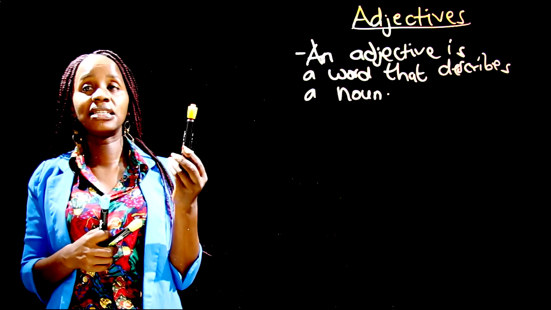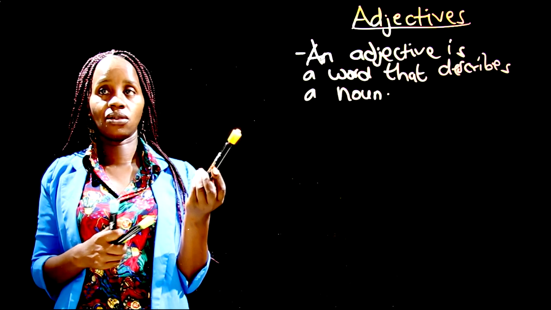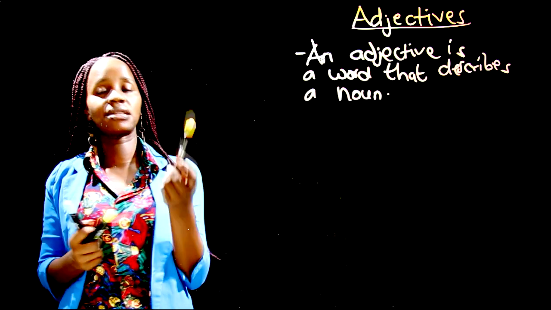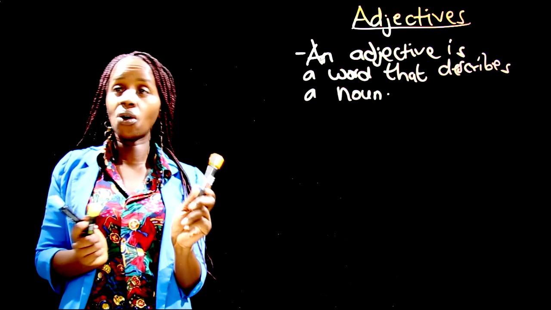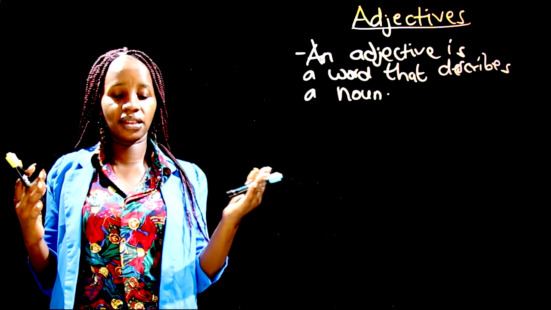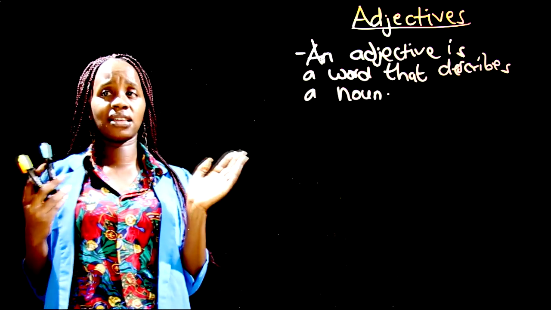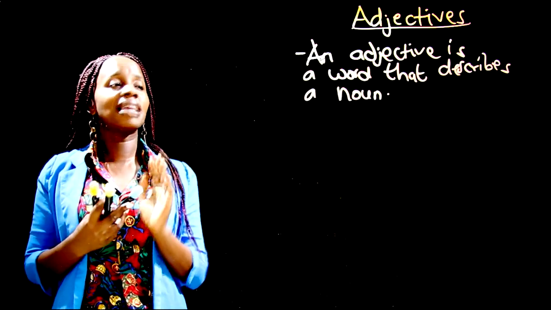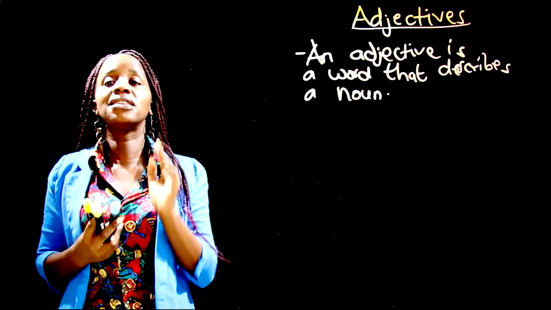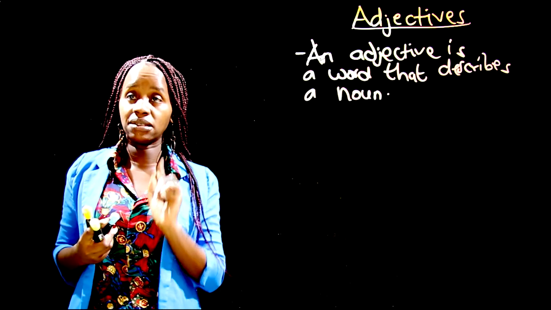It's a long cylindrical pen. Or you can choose the colors. You can say it's a black and neon orange pen, and so many others. You can also describe any other thing. So basically, that is what an adjective is. An adjective is a word that describes a noun.